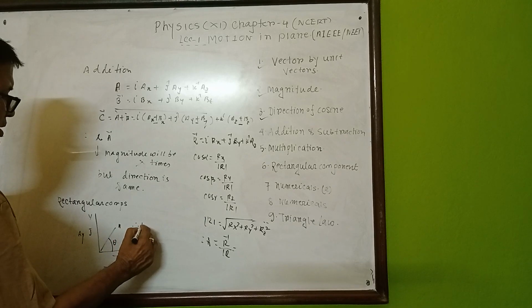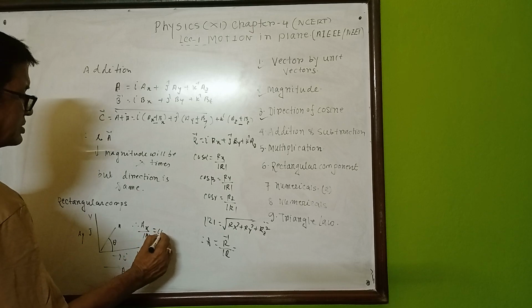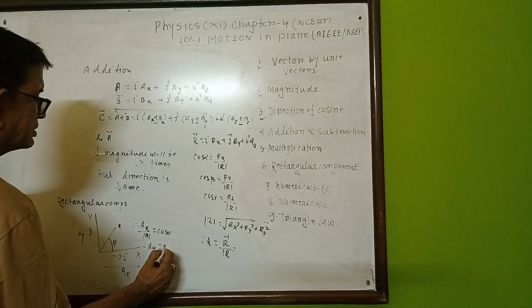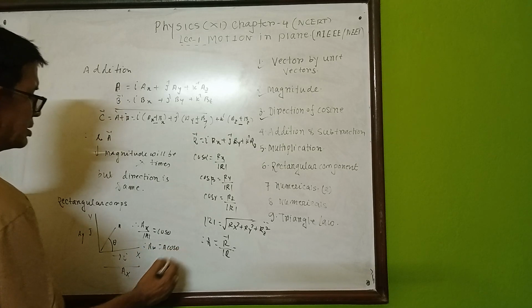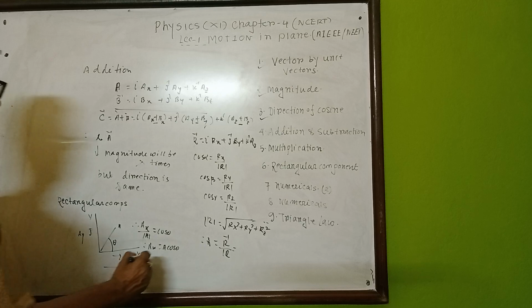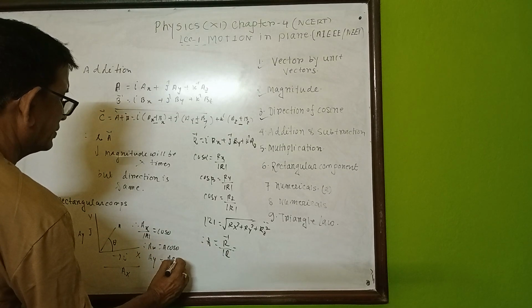From the figure it is clear that Ax by A equals cos theta, so Ax equals A cos theta, that is the horizontal component. This is a very important component, and whenever many vectors are given, components will help you in many areas. Similarly Ay will be A sin theta.